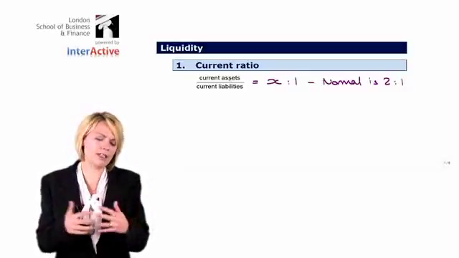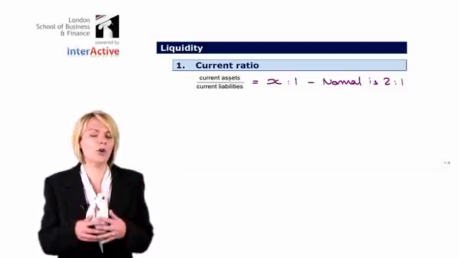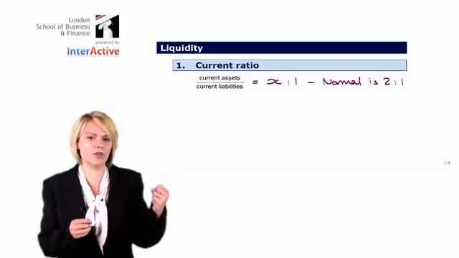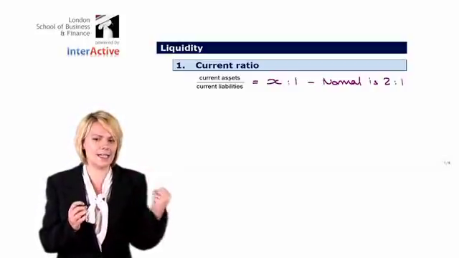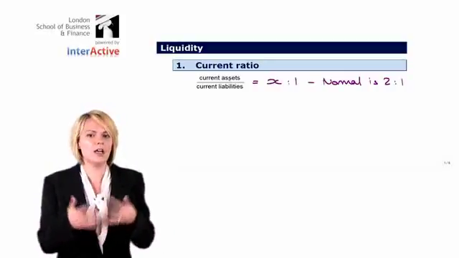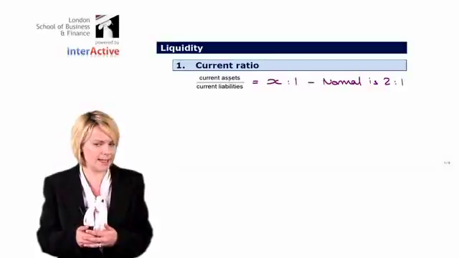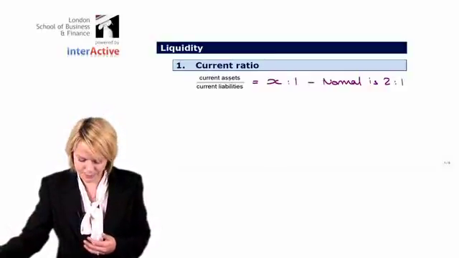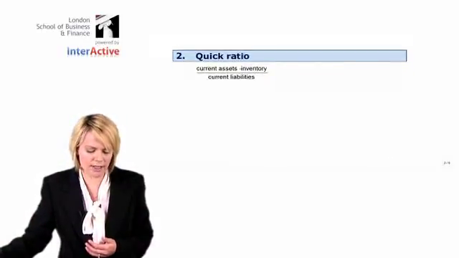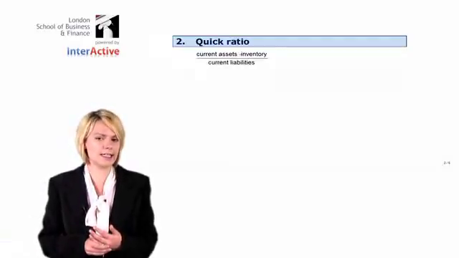And as such, we might want to calculate another ratio, the quick ratio, in order to be able to take out the inventory, the least liquid current asset, and show how many of our other current assets, receivables and bank, we have to pay off our current liabilities. So, our next ratio is the quick ratio, sometimes known as the acid test.